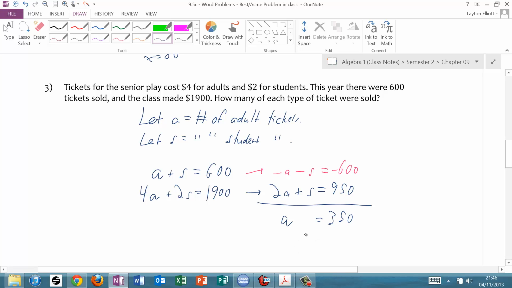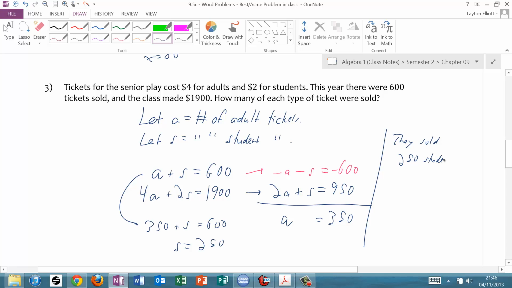If A is 350, and 350 plus S is equal to 600, then I know that S is equal to 250. So they sold 250 student tickets and 350 adult tickets.